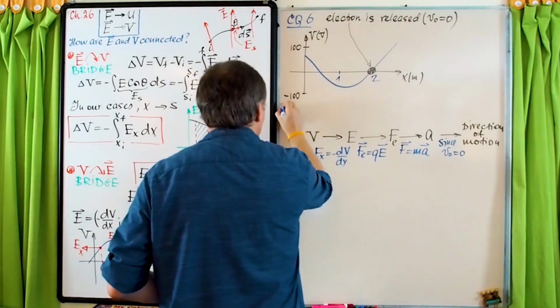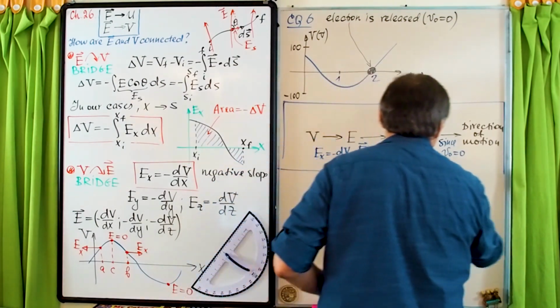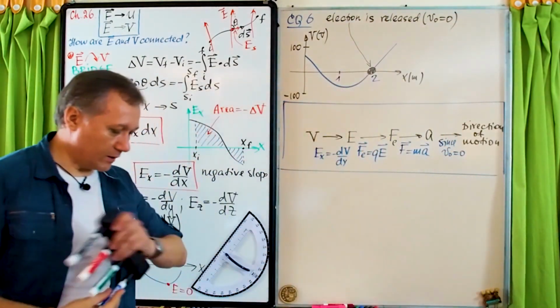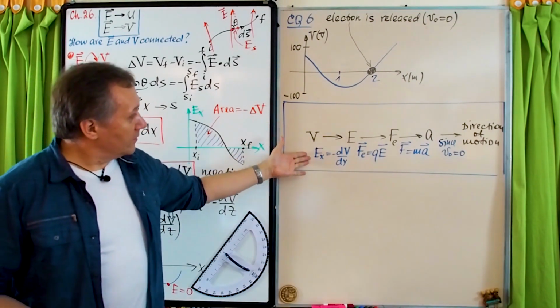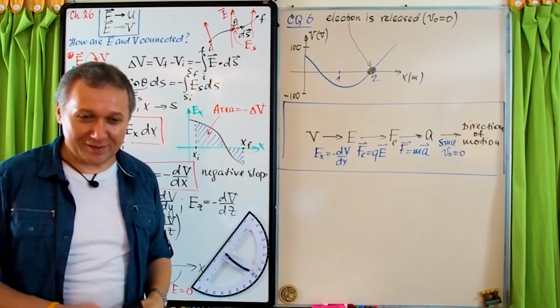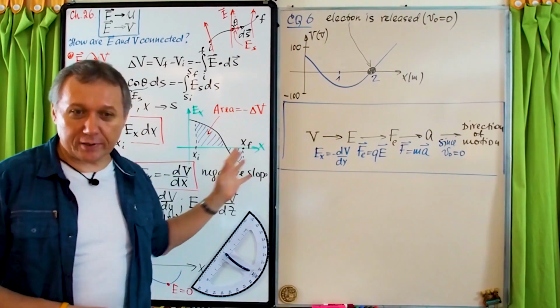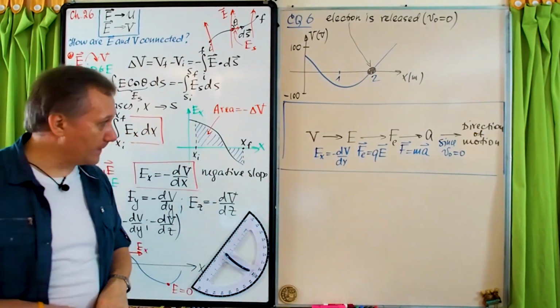So that's the skeleton of the problem. And now let's quickly discuss it. So first step, okay, now we need to start from the very beginning, right? But sometimes in order to create this train of thought, it's easier to start from the end, right?